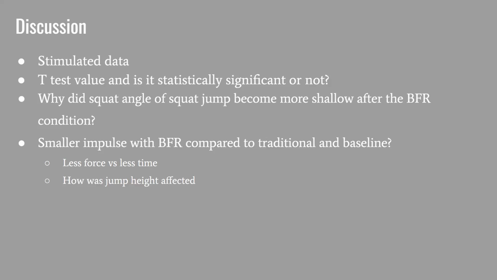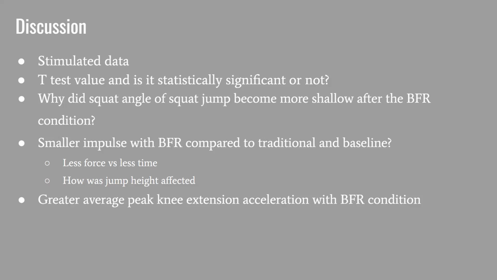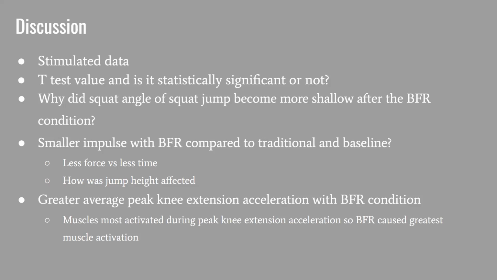How was the jump height affected by that? And we are going to go over the greater average peak knee extension acceleration with BFR. Muscles are most activated during peak knee extension acceleration, so BFR caused the greatest muscle activation. That's an explanation for why we got higher peak knee extension acceleration with BFR than the other two conditions.